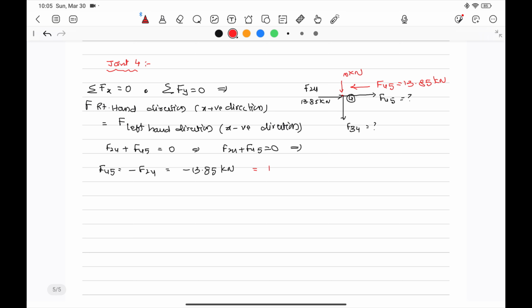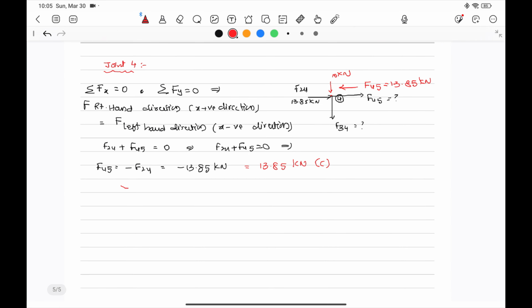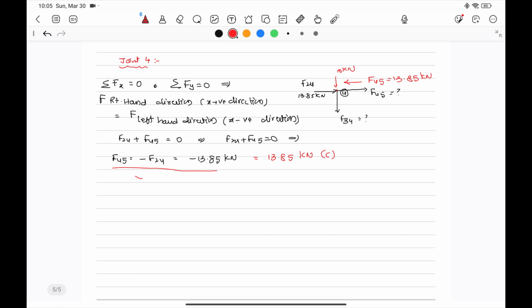This is nothing but 13.85 kilonewtons compression. That means this member is under compression. The member joining joints 4 and 5 is under compression and its value is 13.85 kilonewtons. This is the answer.